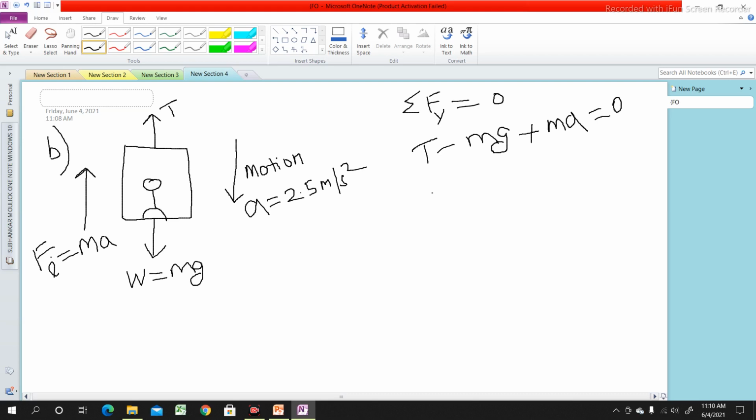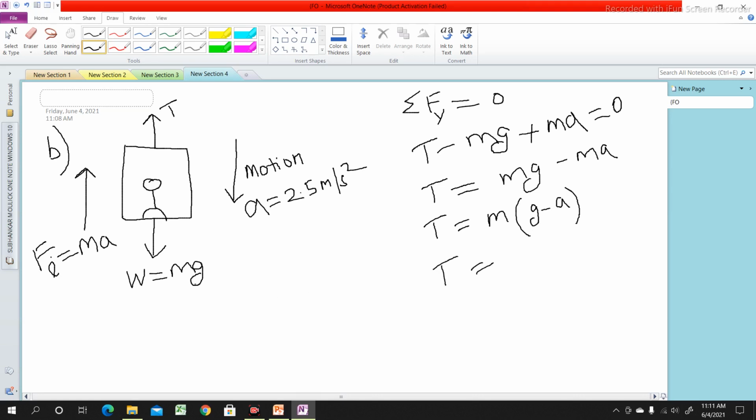Now T will be equal to how much? T will be equal to mg minus ma, or I can write T is equal to m in bracket g minus a.